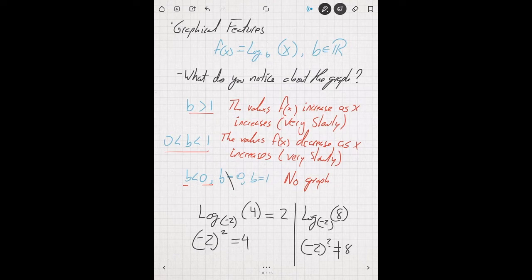Similar to what we saw with exponents, when you're dealing with logarithms with negative bases, you get sporadic, discrete graphs. You get graphs that might have a couple points spread around, but you don't have something continuous, okay? What I mean by that is, let's take a look at Desmos.